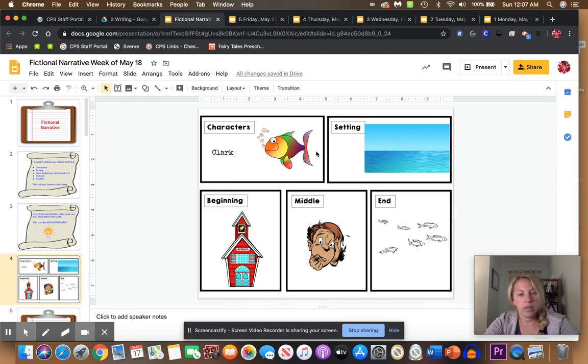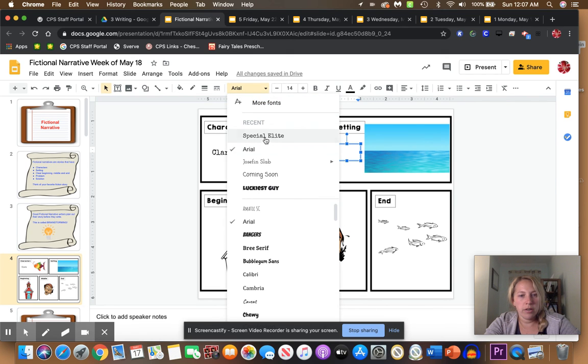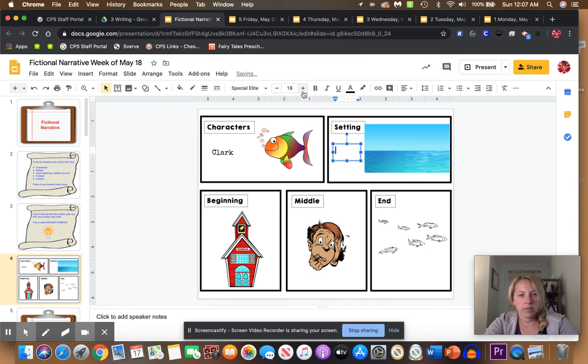If I would like to, I can go in and add some labels. Like I could add a label that says ocean here. And one that says school here. And one that maybe says nervous.